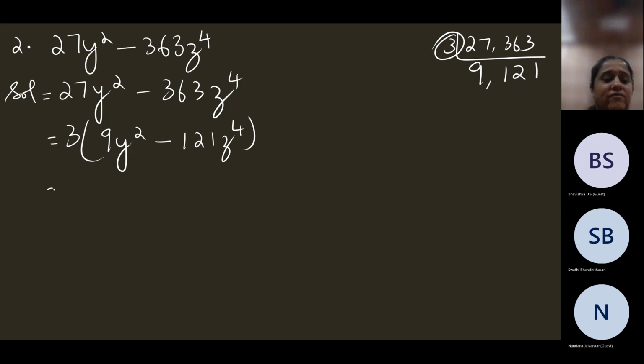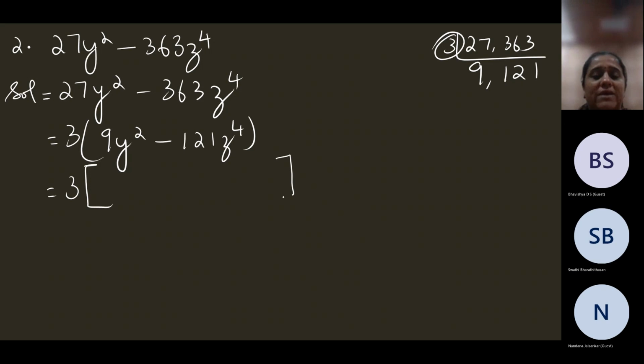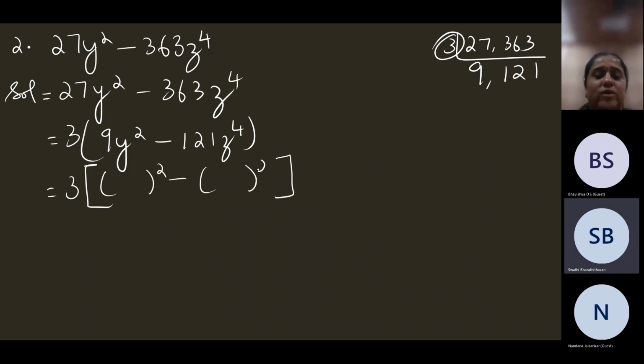Oh, very good. Then after this, ma'am, since 9 and 121 are perfect squares, we can write them in their square form. Okay, very good. So use square brackets, and inside that x square minus y square. So what is inside the bracket? 3y, ma'am.